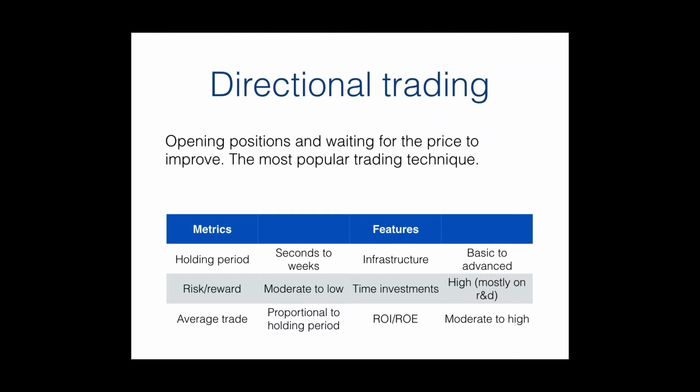The risk to reward normally is moderate to low, and the average trade is proportional to holding period. Maybe you have already noticed that in our previous examples, even from different trading techniques. Overall, the rule of thumb is the longer you stay in the market, the greater your average trade.